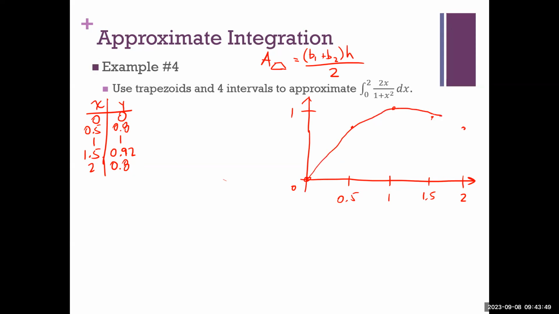So my curve looks something like that, right? So how do I draw a trapezoid that covers the first interval? I'm going to draw a straight line that connects the endpoints of the interval and a vertical line that completes the trapezoid.